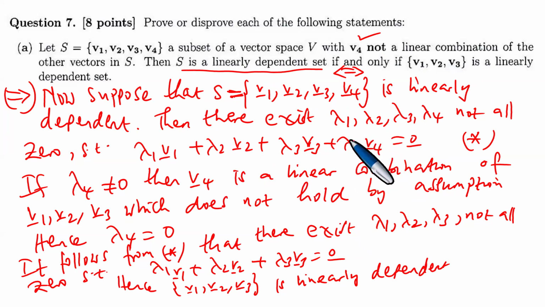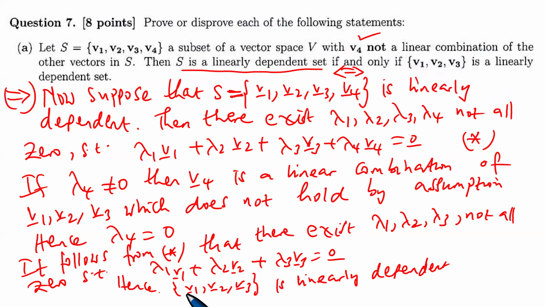One case is that the scalar lambda 4 can be 0, but let's look at the case where lambda 4 is not 0. If lambda 4 is not 0, then we can make V4 the subject of the equation, and if we solve for V4, it would mean V4 is a linear combination, but this is saying V4 is not a linear combination.